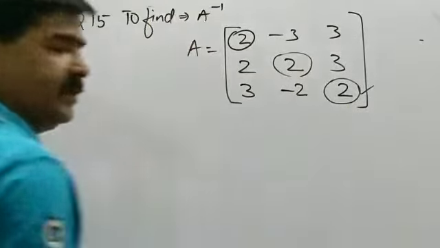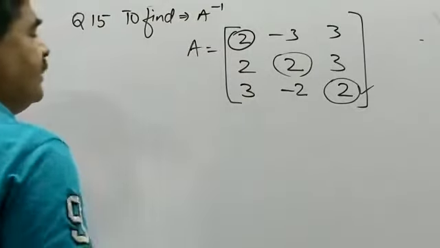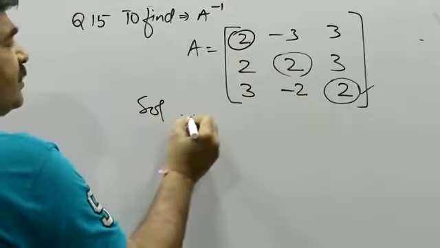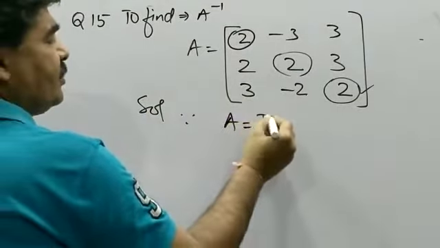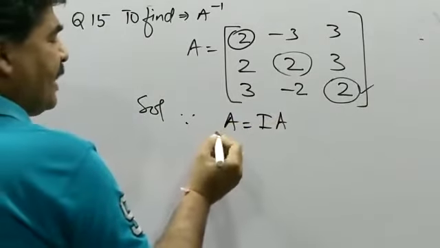After that, let us start the solution part. Since A is equal to IA, write it down.